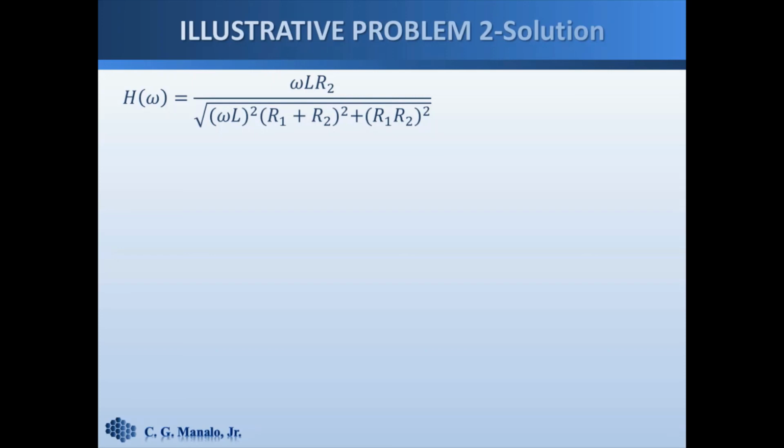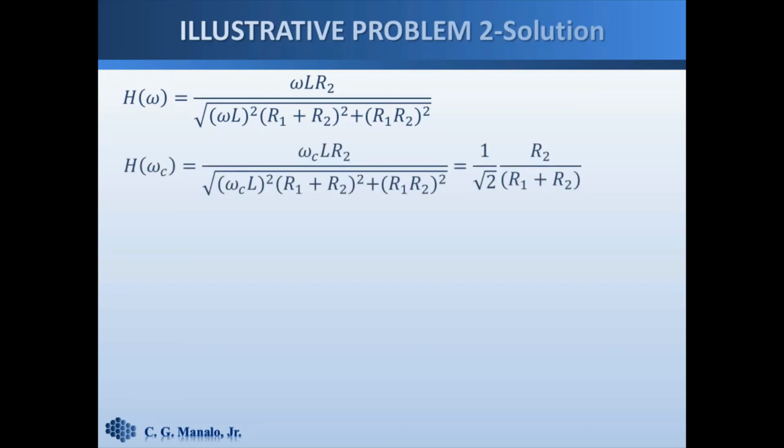Now, so this is the expression again that we have for the transfer function. Now we want to know the cutoff frequency for this circuit. So to do that, we substitute omega sub c into this expression, and again we said that the transfer function at the cutoff frequency must be equal to this times its maximum, and we know the maximum to be this.